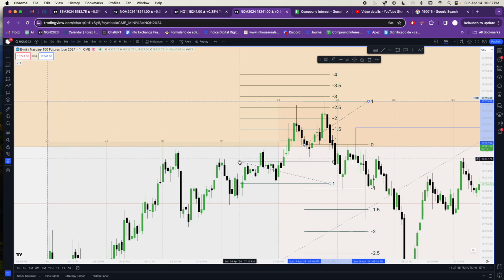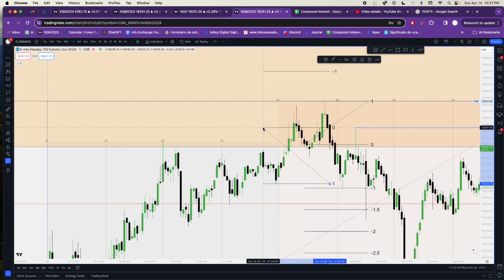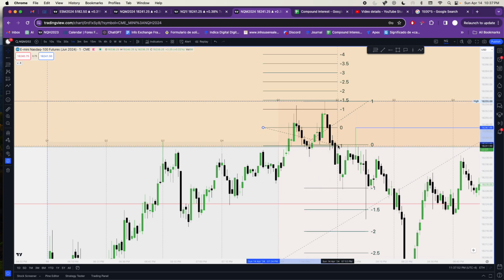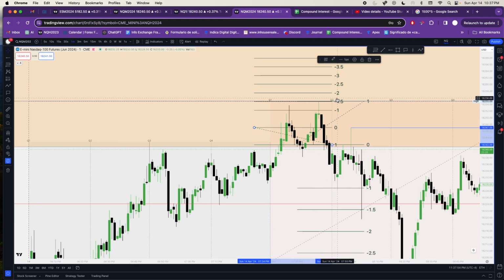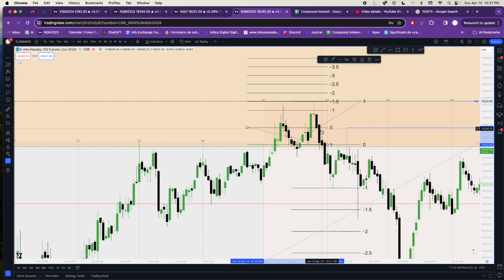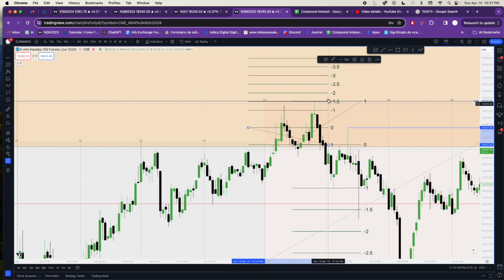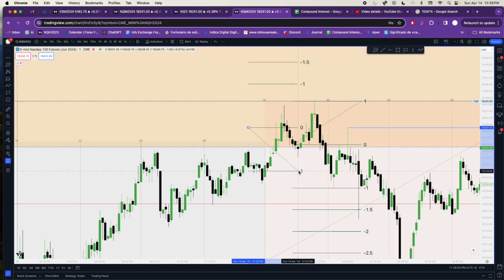And you can use the same logic here. Look at this one. This is at 1.5. Sometimes we can get up to 2, but look, 1.5. Here we have this. No, that's not that.